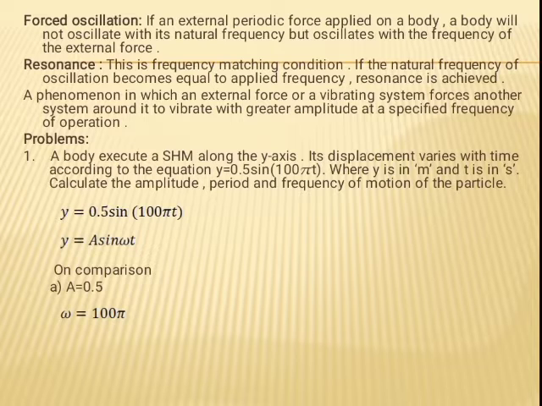In case they tell you x-axis, you would write cos ωt. This is one of the points you have to remember here. Now, y = a sin ωt is the displacement formula, as we derived in our previous lecture.